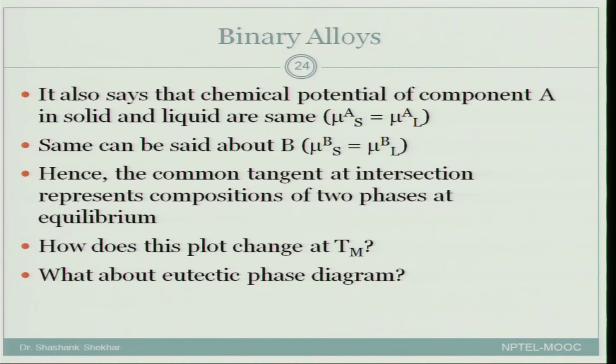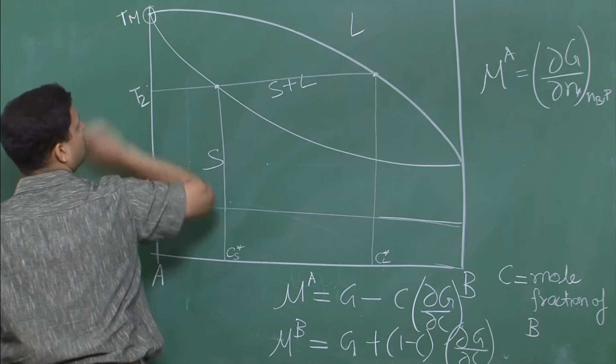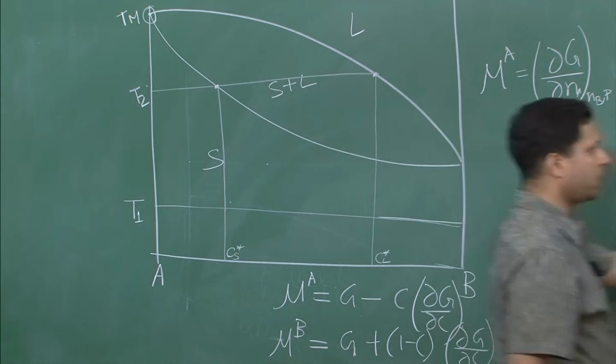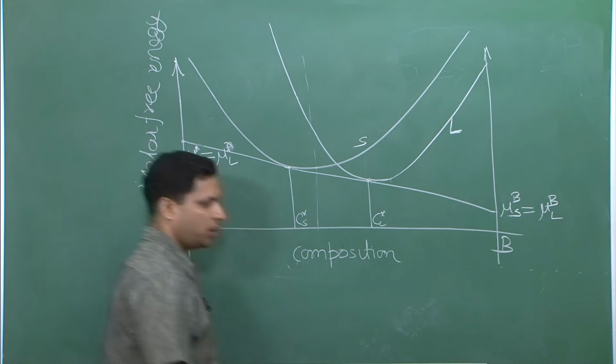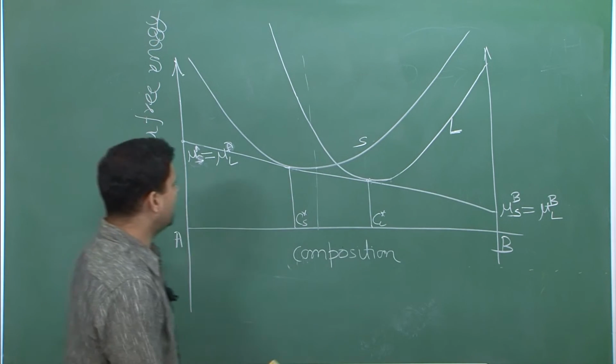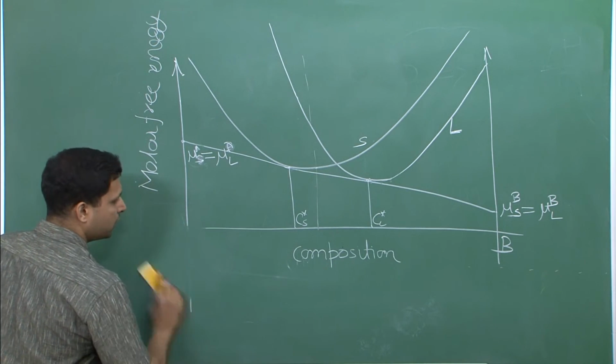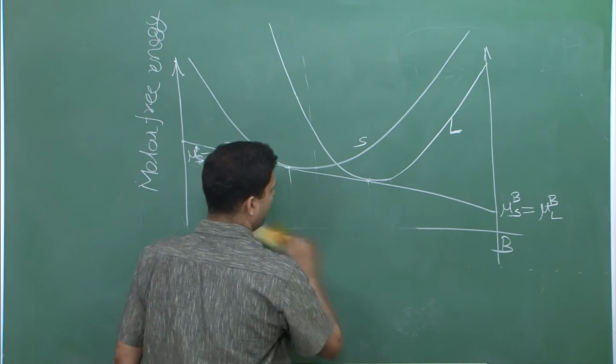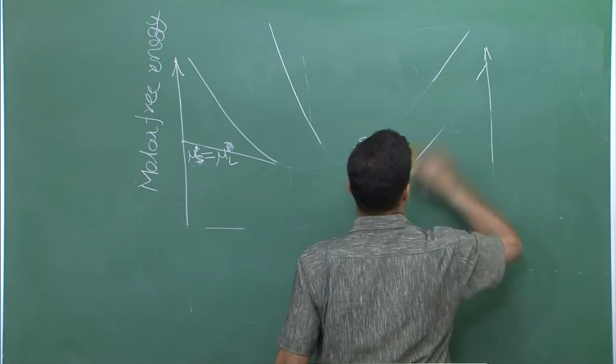How does this plot change at Tm? Now what will happen if we are looking at this particular temperature? How will this plot look? That is a question that you should ask yourself, but since this is a simpler question, we will draw it over here.